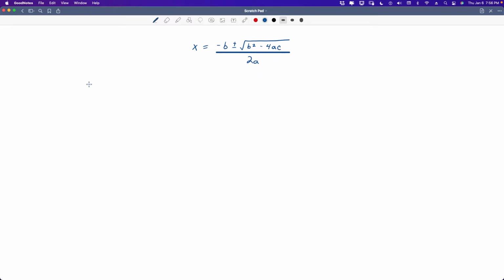If you have an equation, and we're just going to jump into 71.2, 3x squared minus 2x plus 5 equals 0. Okay, you know how before with completing the square, if we had a lead coefficient, we would have to divide everything by the lead coefficient, then we'd have to find the square.